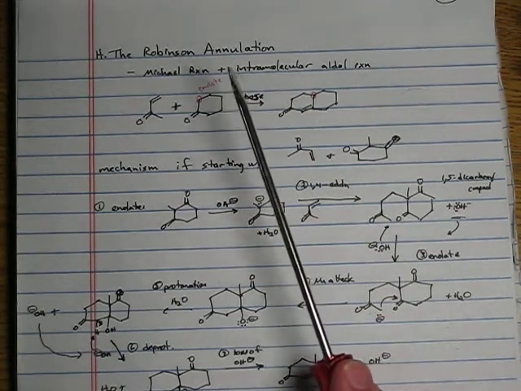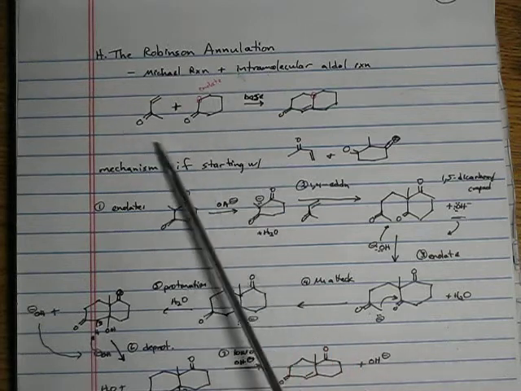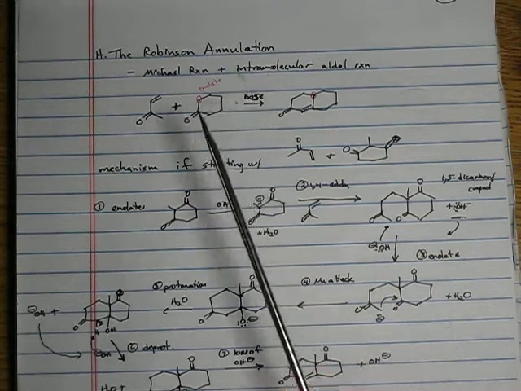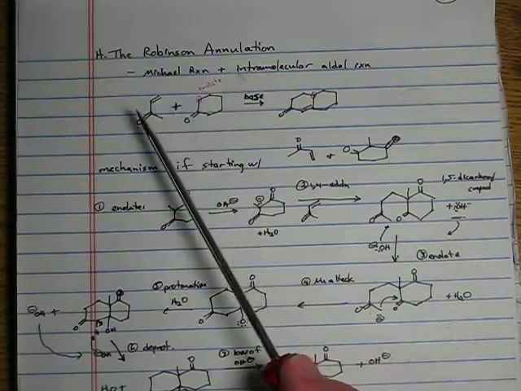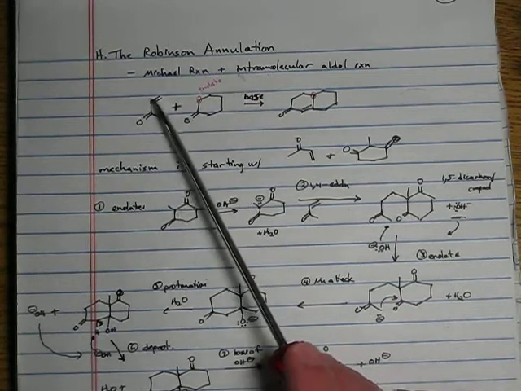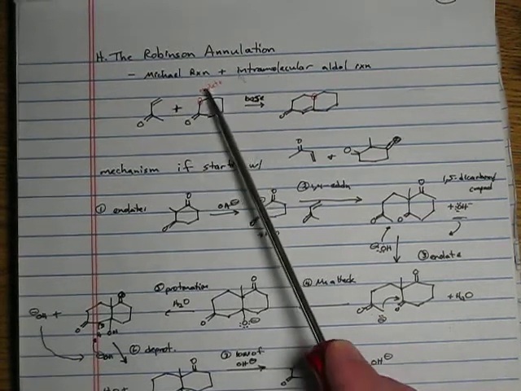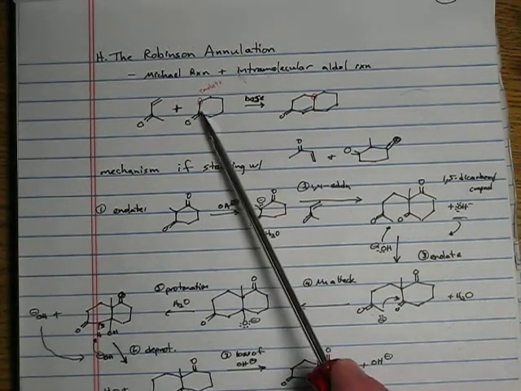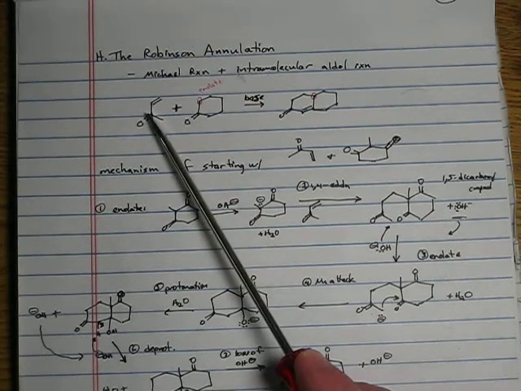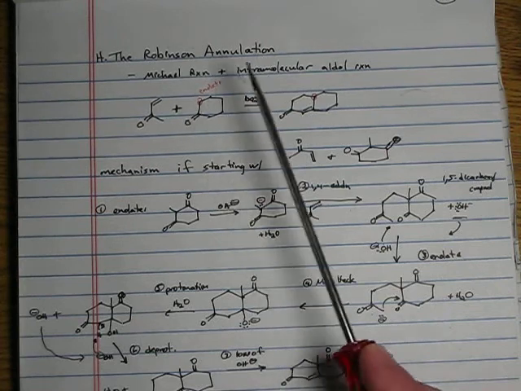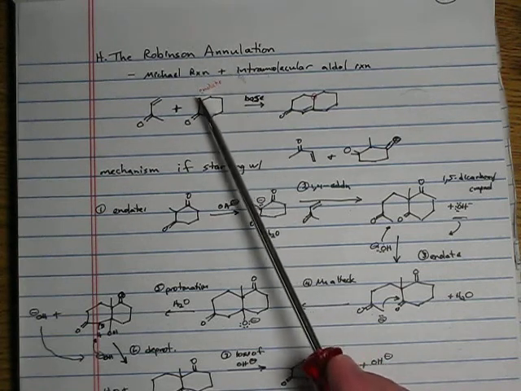But here's the deal. If we look at this the way it's drawn, and I always also recommend when you're doing a Michael reaction, since you're always going to have an alpha beta unsaturated carbonyl compound, always draw it on the left. To the right of it, draw what's going to become the enolate, here our cyclohexanone. Line up these two carbonyls so they look like this, and put the carbon that's going to become the carbanion up like this.